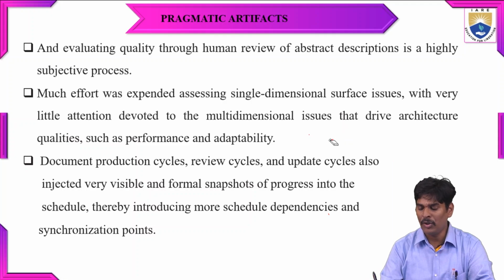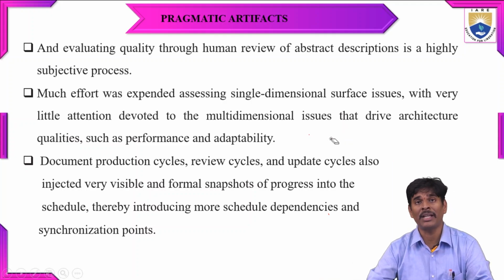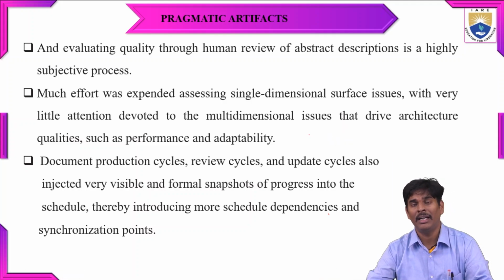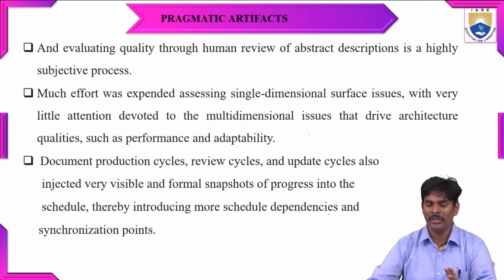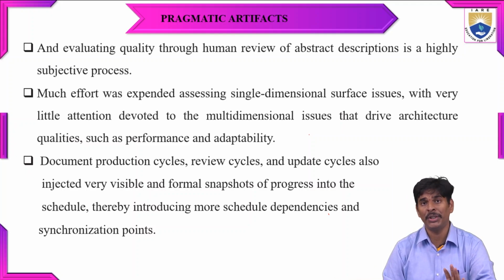And the next one is the documentation production cycles. Cycles can have different phases like documentation production, review cycles and update cycles. These can be seen as snapshots in the schedules. So scheduling is very important.